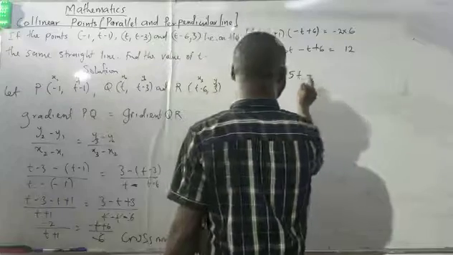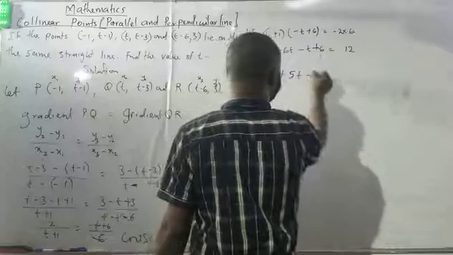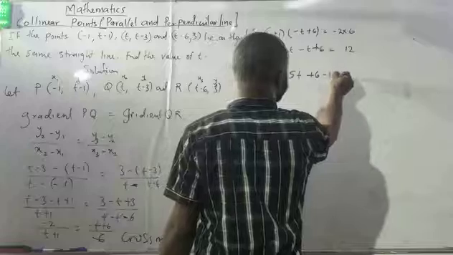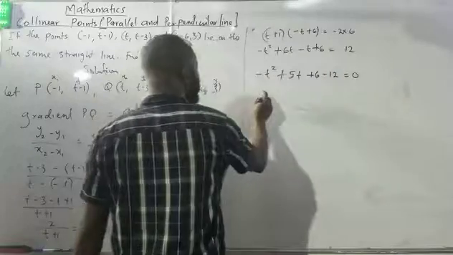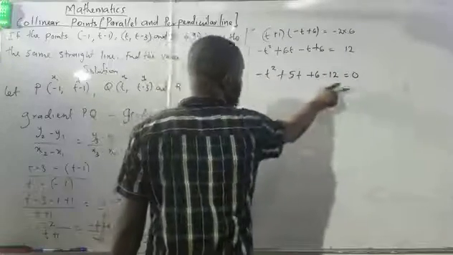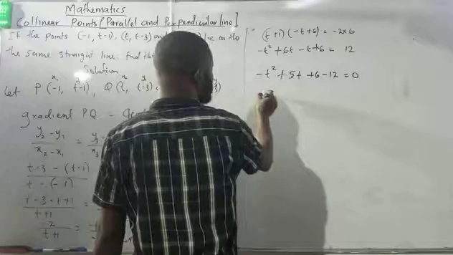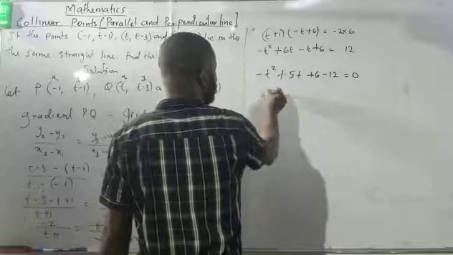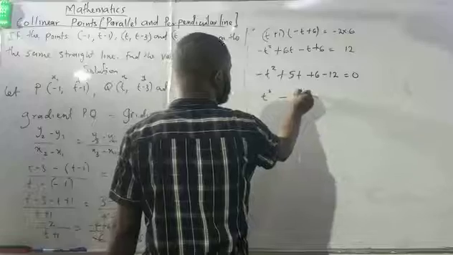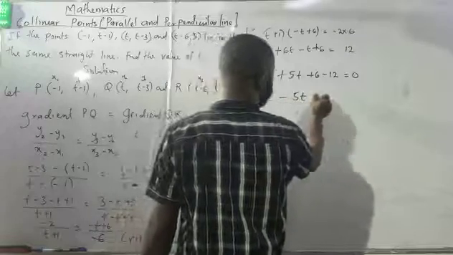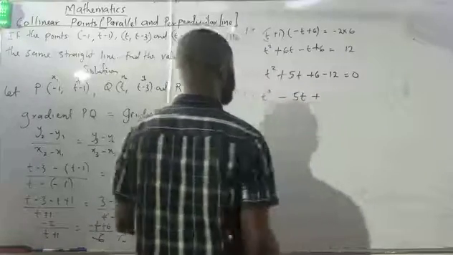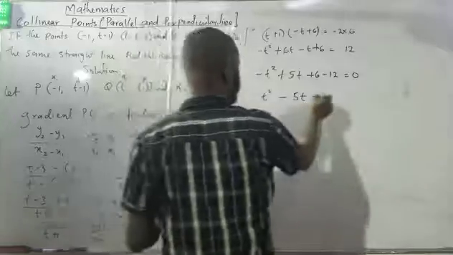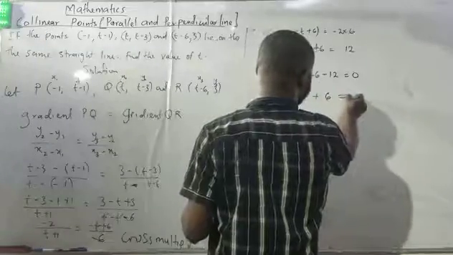And I'll be having plus 6 minus 12 equals to 0. Here will definitely be minus 6. At this point, we'll be having t squared minus 5t plus 6 equals to 0.